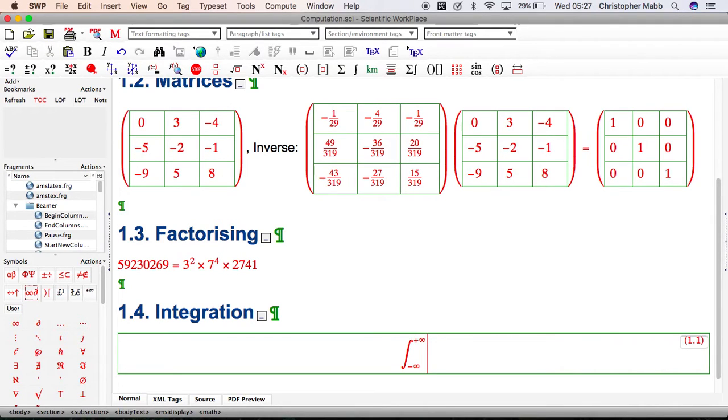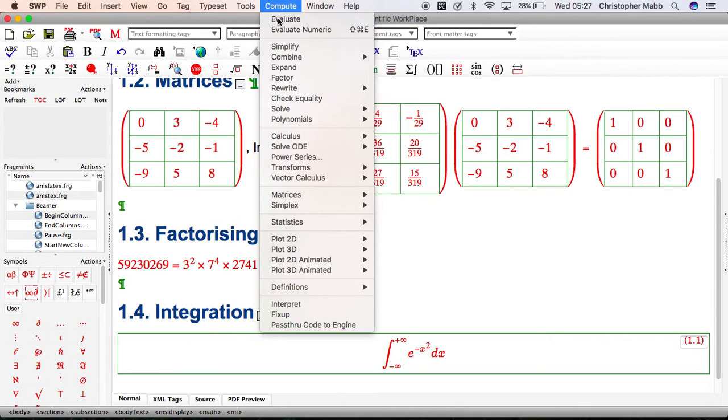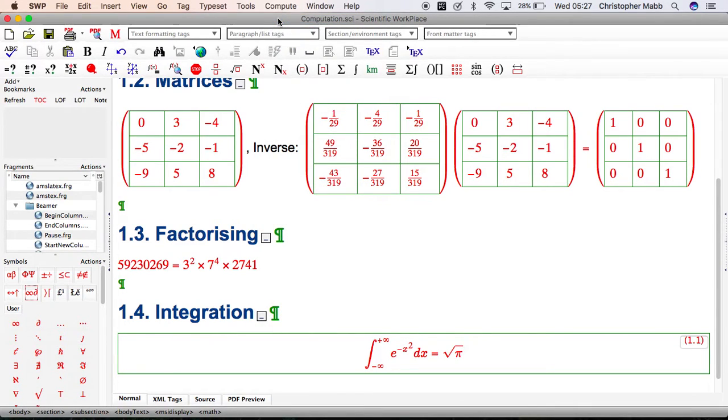E to the minus x squared dx: E, Command up arrow, minus x, Command up arrow again, 2, spacebar back to the superscript line, spacebar back to the main line, dx. When we click on compute evaluate, then it works out the answer is root pi.